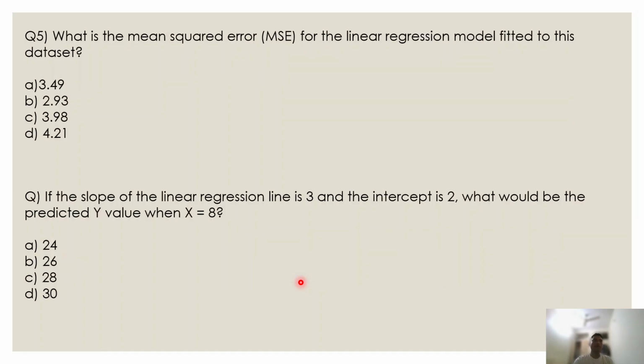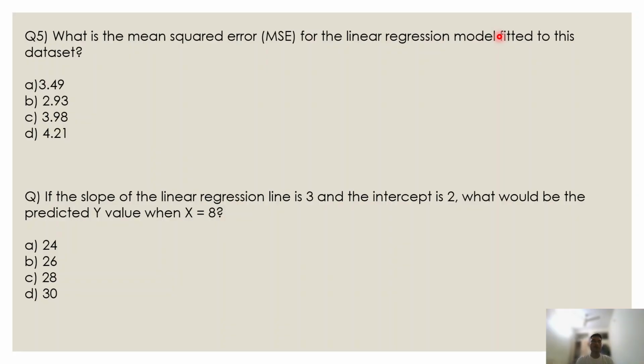Moving to the next question: what is the mean square error for the linear regression model fitted to this data set? Mean square error is y minus y hat, and mean square error means you have to square that.